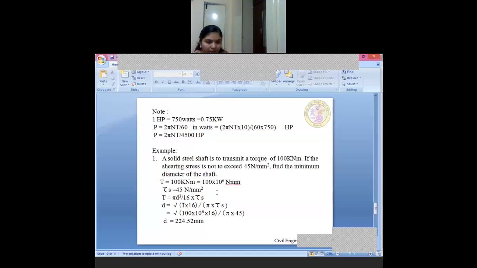So T is equal to pi by 16 into tau into D cubed, that is the formula. So here only D is unknown.